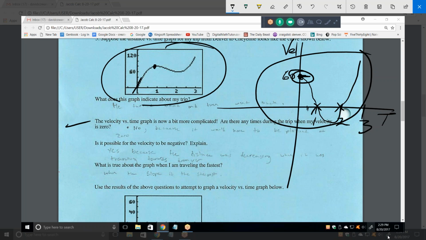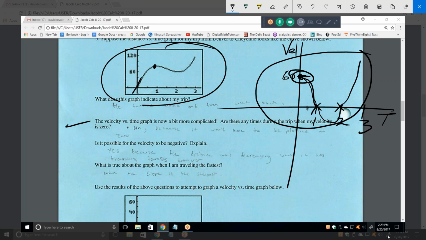I know that at 1 hour it's 0. So I got to go from 60 to 0 in that first hour. And the only way to do it is just to draw the curve like that. Then I know that it's negative. Notice my velocity curve everywhere from 1 to 2 hours is negative.